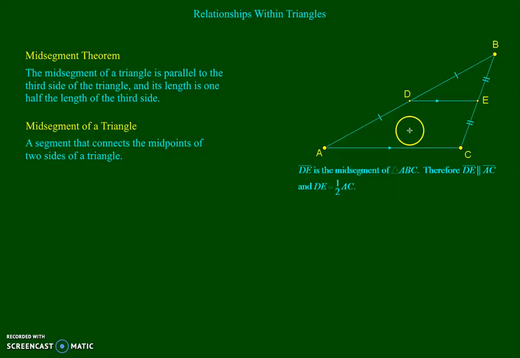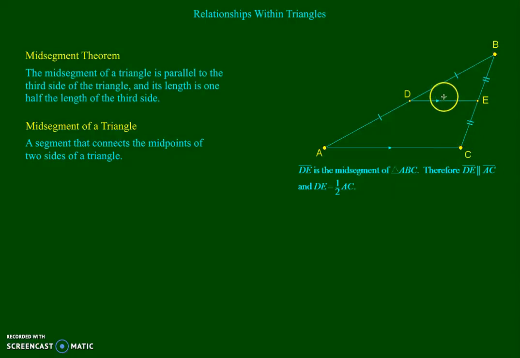Now, you might be able to see the elements of the proof here. If you notice, triangle DEB is a dilation of triangle ACB. It's a smaller triangle, but you can see that this angle is the same as angle ABC, and so it shares that angle. This side is half the length of AB, and BE is half the length of CB.